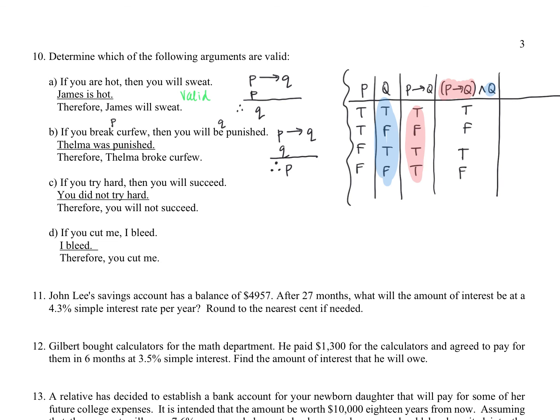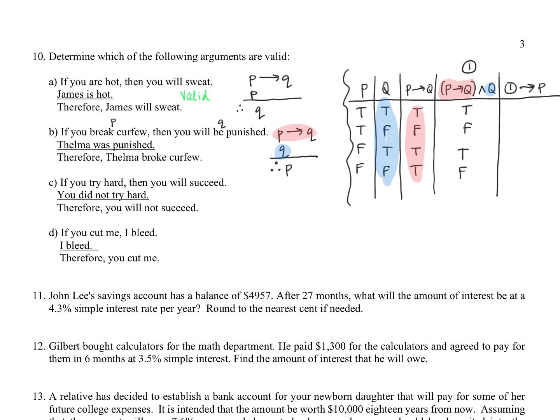What we just found in that column are the two arguments as a conjunction. I'm going to label this as 1 so it takes up less space in my column. Does 1 imply the conclusion? This is what I had in red, and this is what I had in blue, those combined as a conjunction.